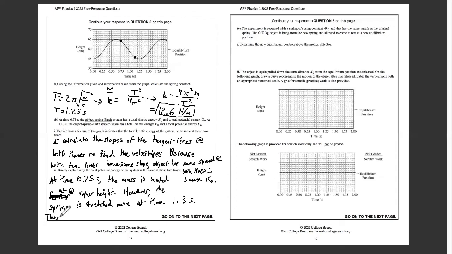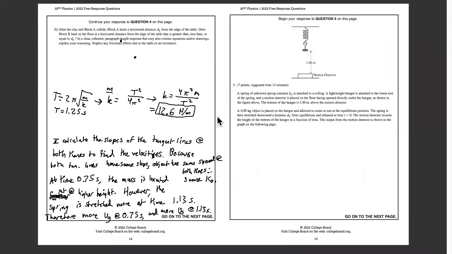Therefore, I have more gravitational potential energy at 0.75 seconds and more spring potential energy at 1.13 seconds. So there we go. Now, in terms of this overall, let me actually go back to the previous slide.